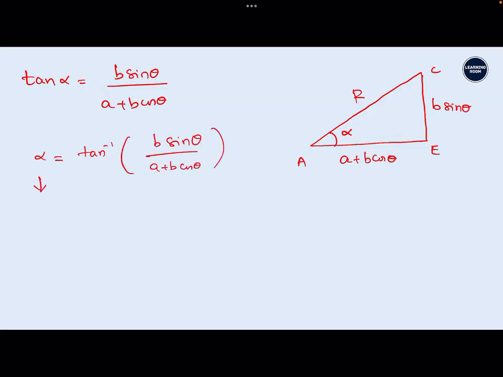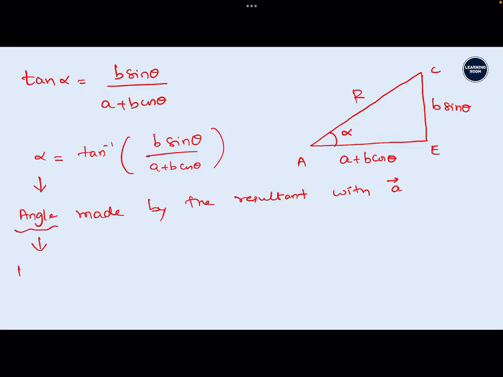And if you see this angle alpha, it is the angle made by the resultant with the A vector. And angle in physics means direction.